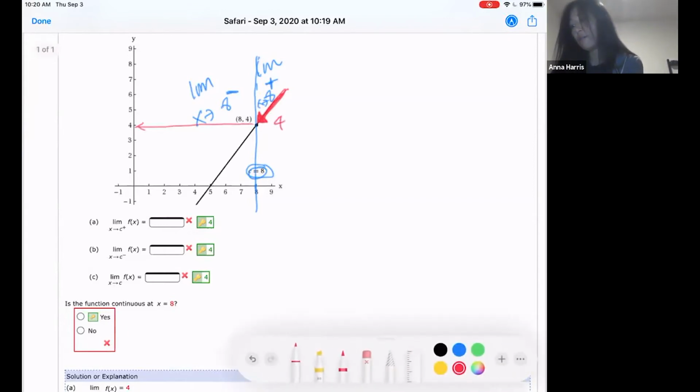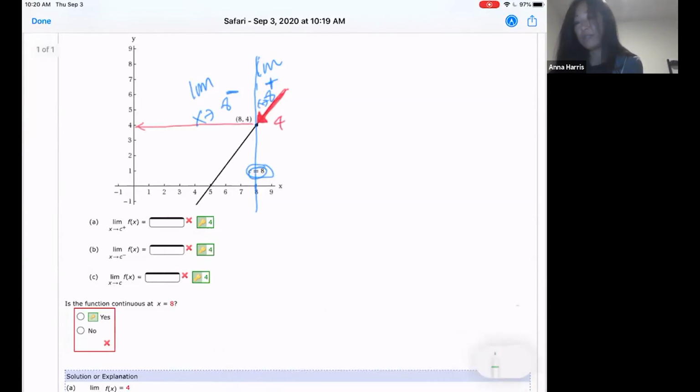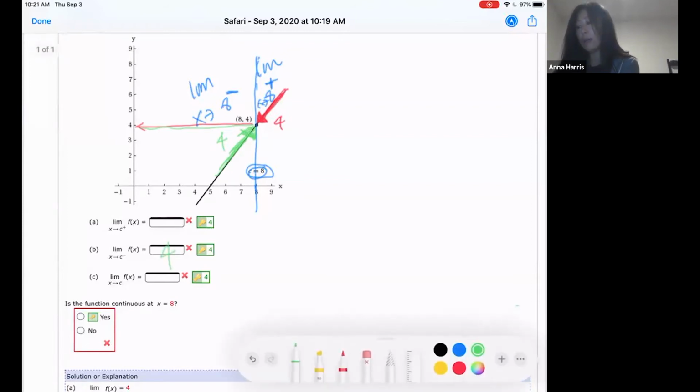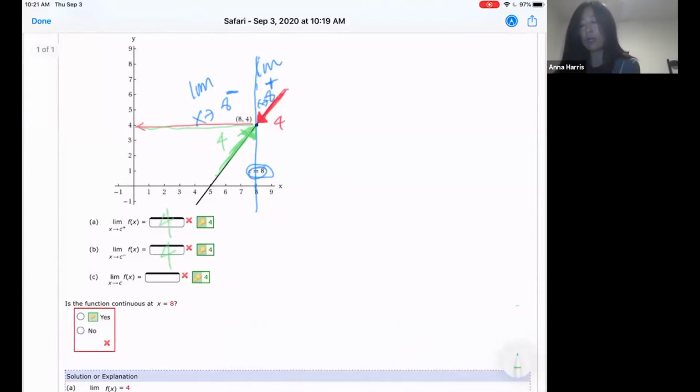Now let's look at the left-hand side. What is my y value? Isn't it 4? So my left-hand side approaches 4, and my right-hand side approaches 4.